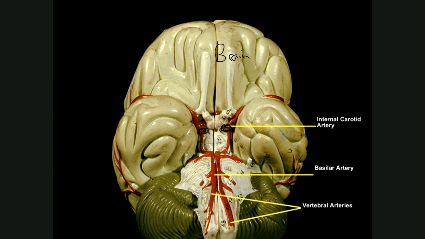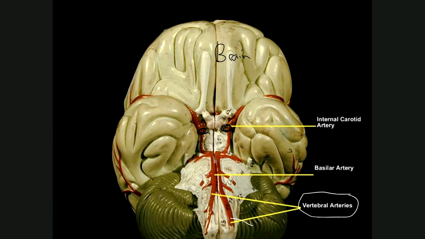Well, not only do blood vessels come up the front of your neck, they also come up the back of your neck. They come up through the vertebrae. And there's 2 vertebral arteries, one on each side. So these are running up the vertebrae.